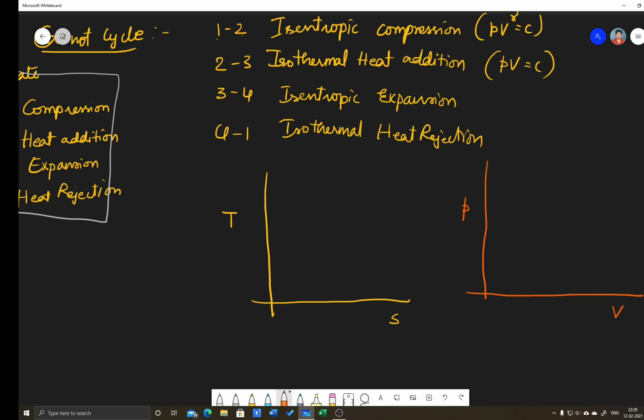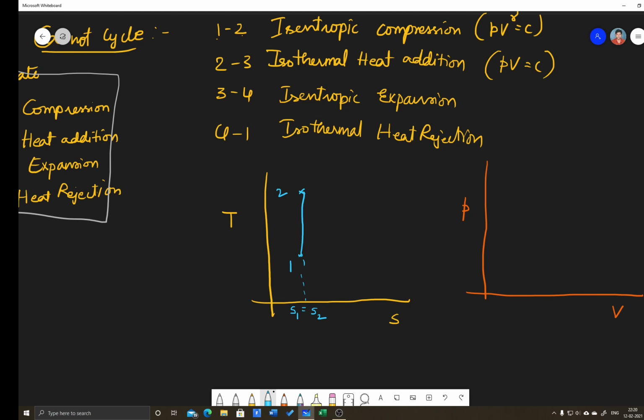So first process is isentropic compression. So here the process will start at this point. The temperature will be raised because of compression. From this to this, the entropy will be constant. S1 is equal to S2.